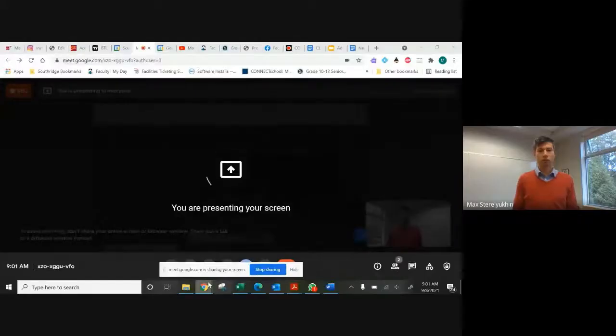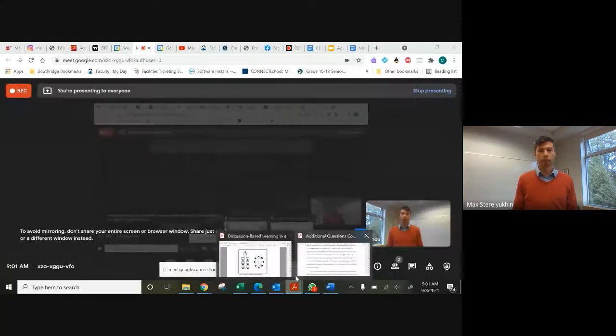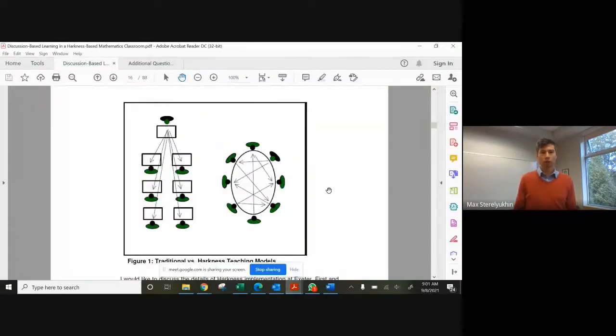And so in the slide that we're going to take a look at now, you see two models being portrayed. One is the traditional model, which is right over here, and then there's the Harkness or discussion-based model, which is over here.